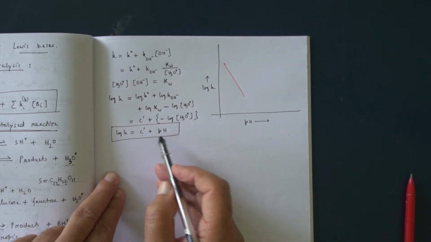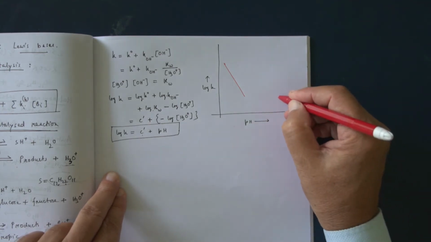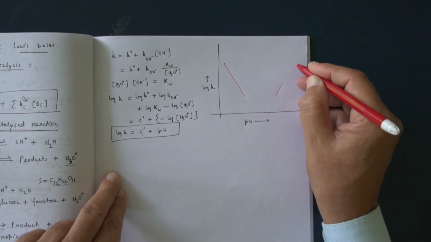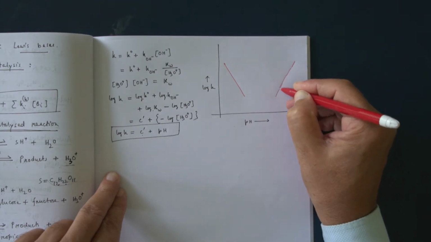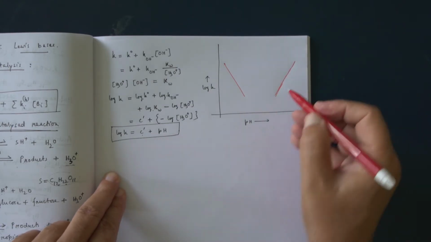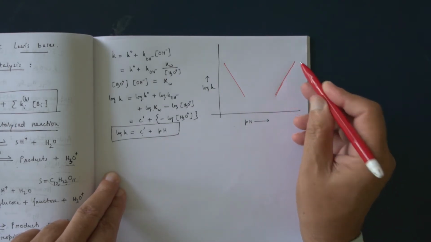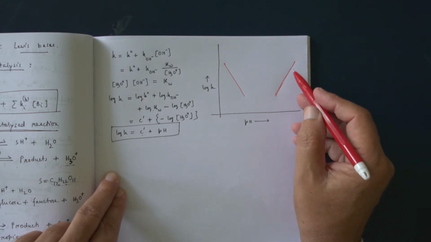Slope is positive, so our straight line will be like this. Because m is positive, the straight line will be this. Okay, this is specific base catalysis.